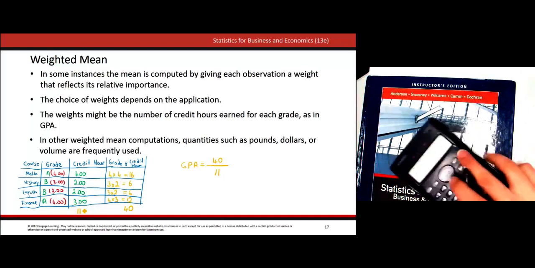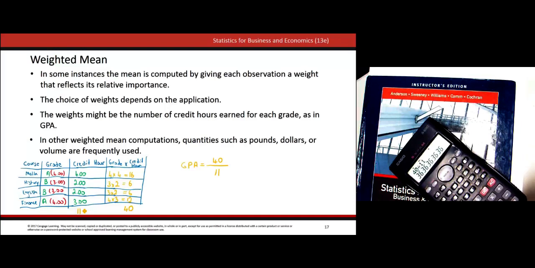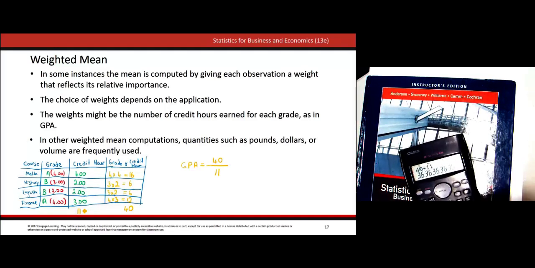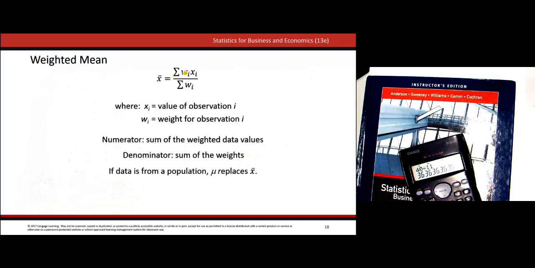So then the GPA is 3.6363, so 3.64. Two decimals, it is 3.64. The choice of weight depends on the application. So we have sigma, sum, this means sum of weight times the observation.